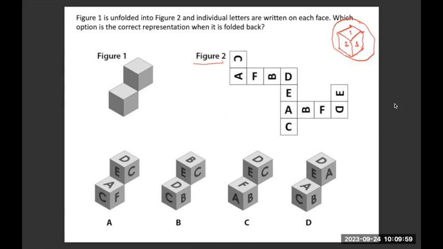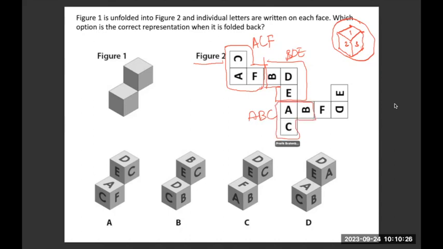In this case, we start by looking at the combinations which are evident, without overthinking much. We look at the combinations which come together. One is A, C, F. One is B, D, E. One is A, B, C here.